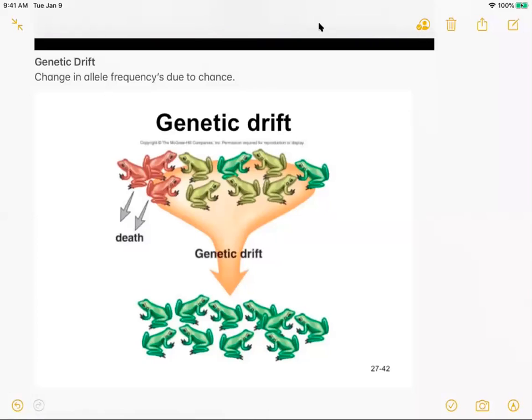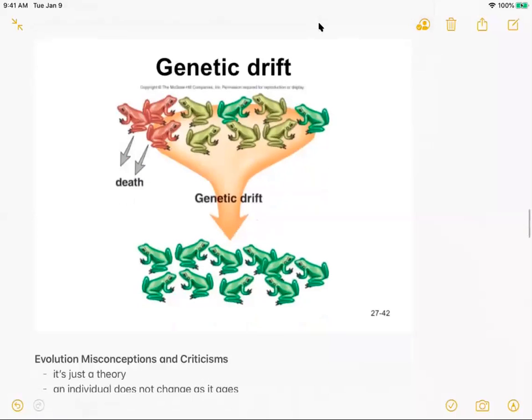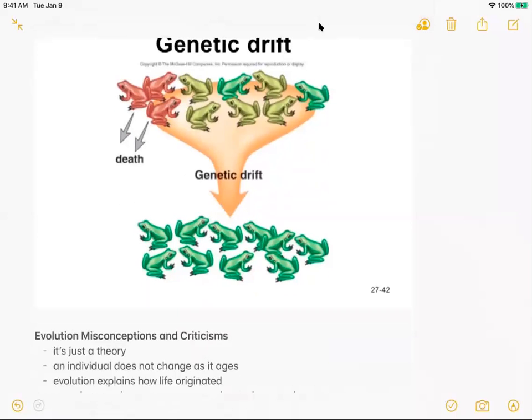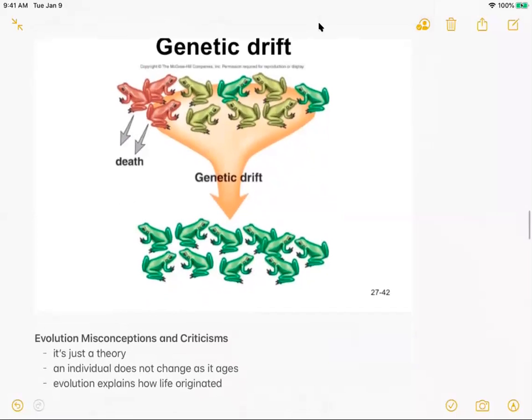Completely randomly, due to genetic drift by chance, one species would prevail while the others would not. In this case, the red frogs died off, but randomly, the green frogs ended up surviving. So that is genetic drift.